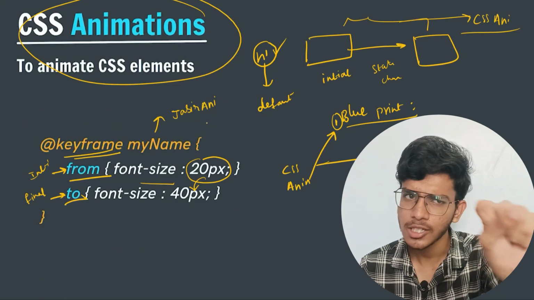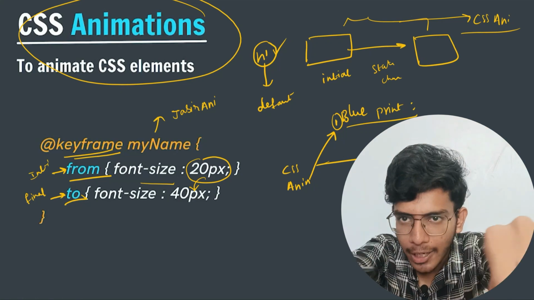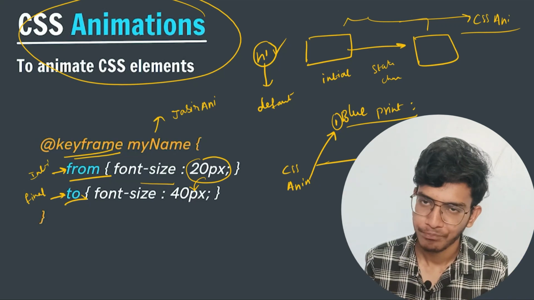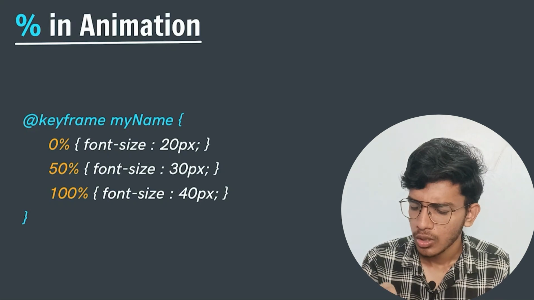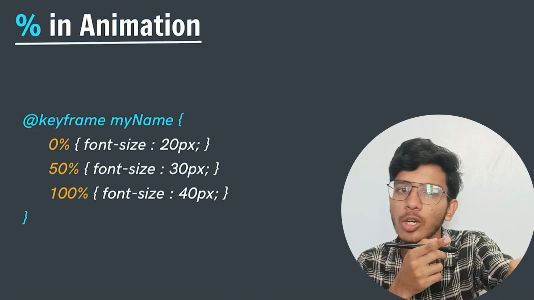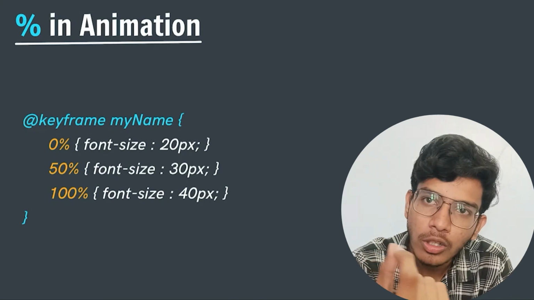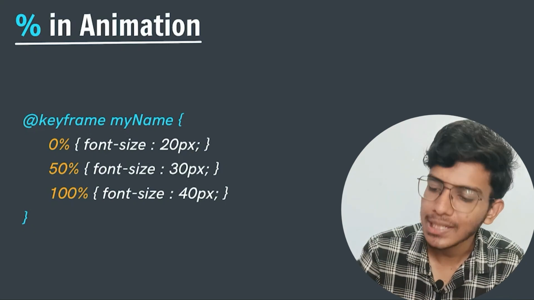We have a fixed initial state, fixed final state, and whatever the things happening in between it, we are giving animation. Clear? Now I want to give animations in between. Let's say at initial state, which is 0%, and final state is 100%. Now I want to give some new animations at 30%.